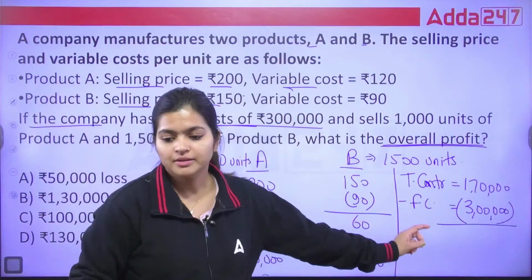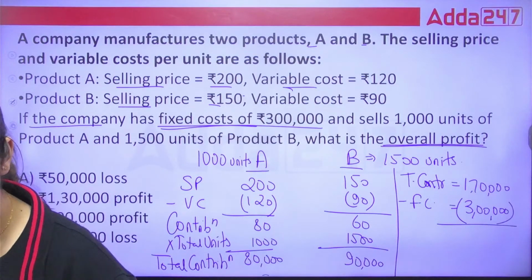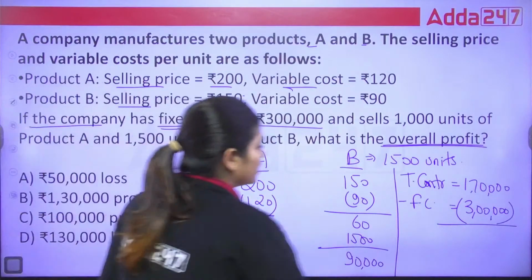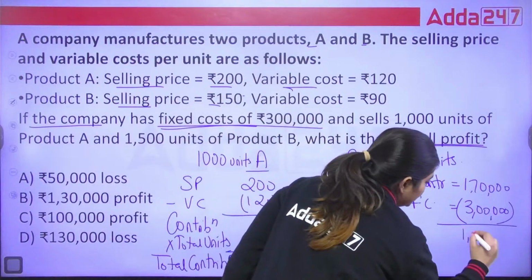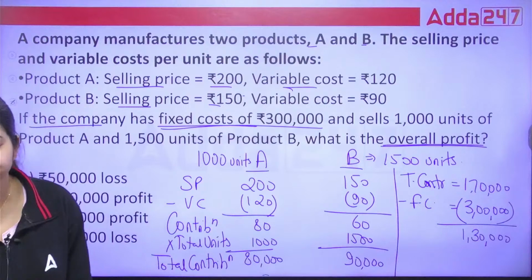Now tell me, profit or loss? And which option is your correct option? 1 lakh 70 minus 3 lakh. Your 1,30,000 is correct. But is this your loss or profit?